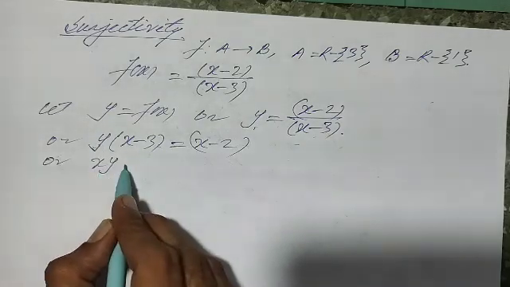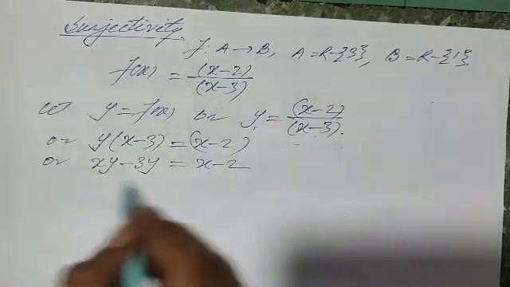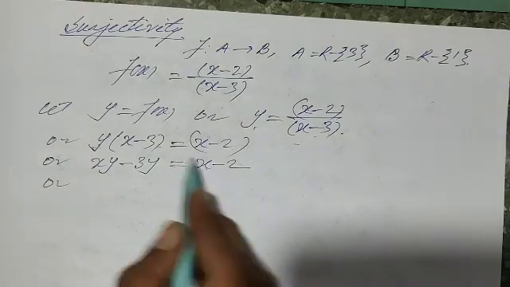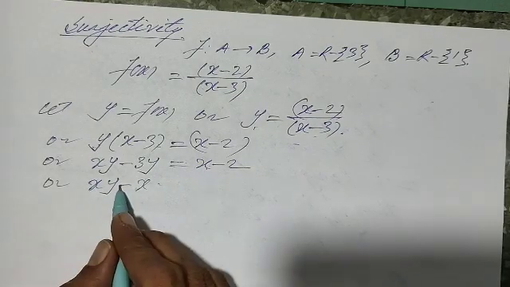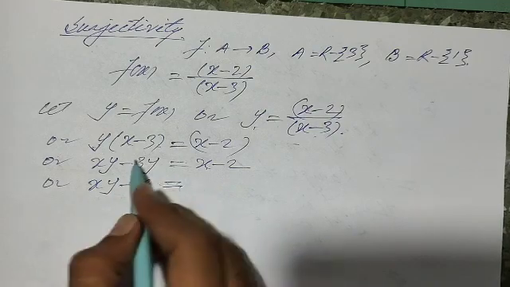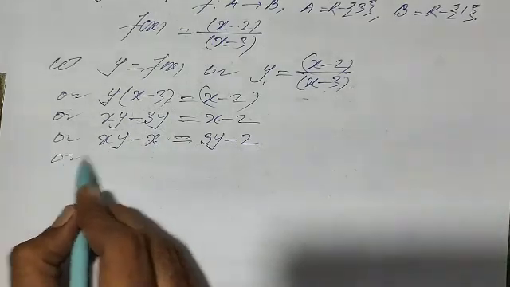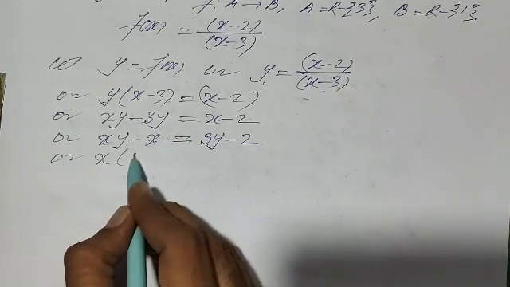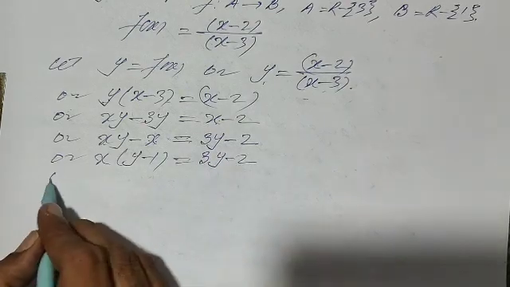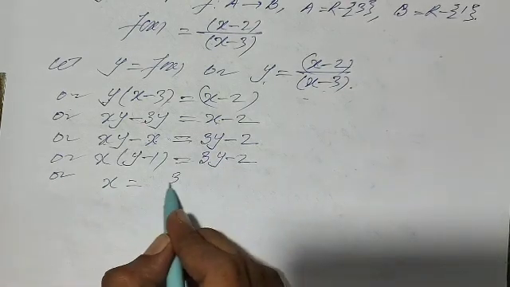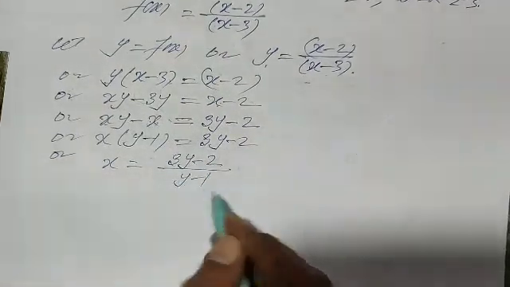We have xy minus 3y is equal to x minus 2. Now on transposing the terms having x on one side, we have xy minus x is equal to 3y minus 2. Taking x common out of these two terms, we have x(y minus 1) is equal to 3y minus 2, or x is equal to (3y minus 2) upon (y minus 1).